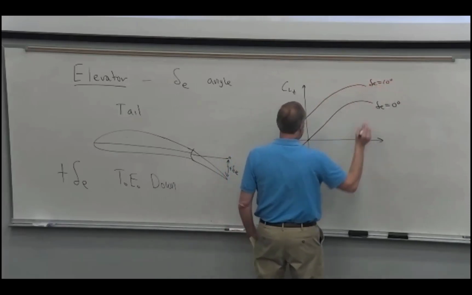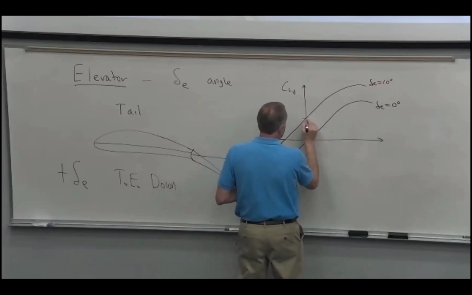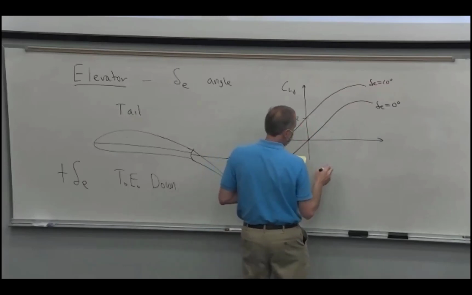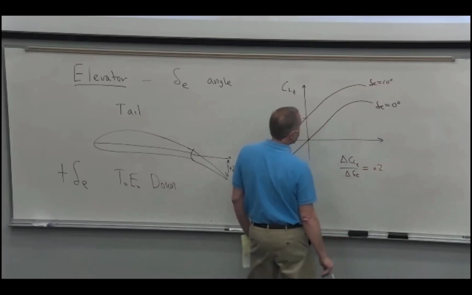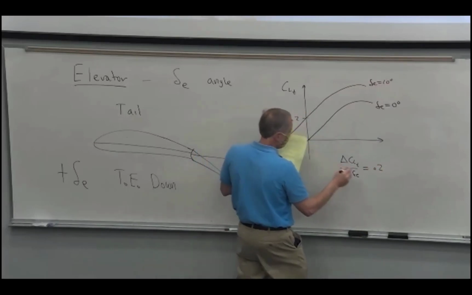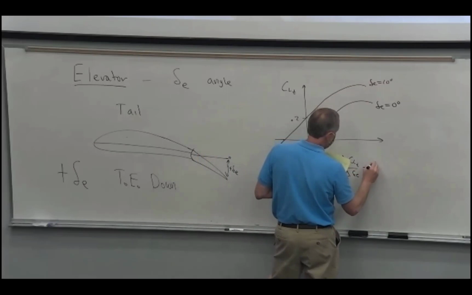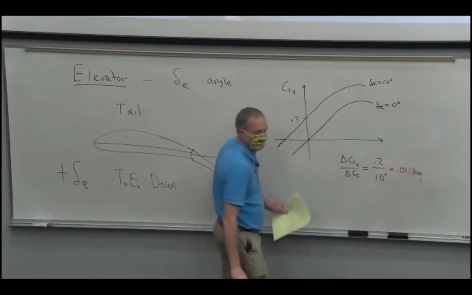Let's say we went up 10 degrees, and let's say it goes up to 0.2. So that means the change in lift of the tail with respect to elevator deflection is going to be, sorry, 0.2 divided by 10 degrees, so it's going to be 0.02 per degree.